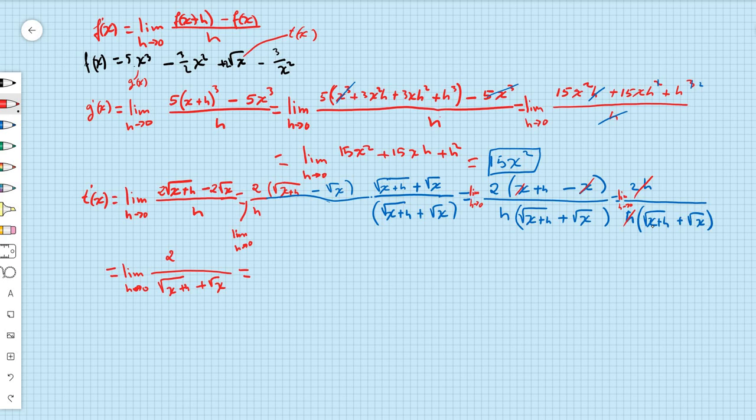So if we replace h by its value here, we'll have, keep using red, 2 over, if h is 0 here, then you are left with square root of x plus square root of x, it's 2 square root of x. Cancel out these two, you'll be left with 1 over square root of x.